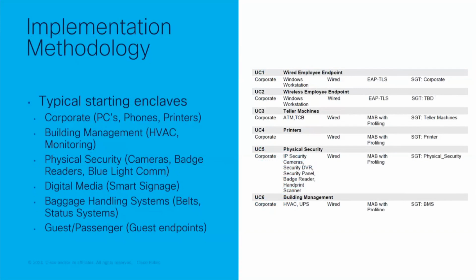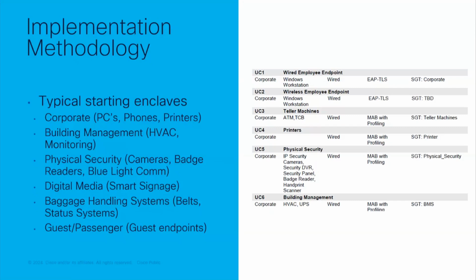Physical security devices. IP security cameras will be the death of me someday because they are such a beast when it comes to coming onto the network and their behaviors on a given network. Digital media, smart signage, baggage handling systems, guest and passenger type endpoints. These are all use cases that we see on a daily basis with our variety of customers, and each of them really has to be understood in terms of its implication.